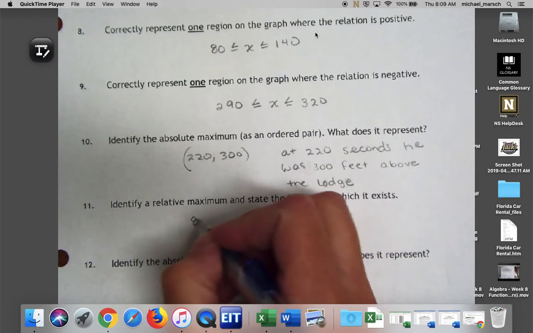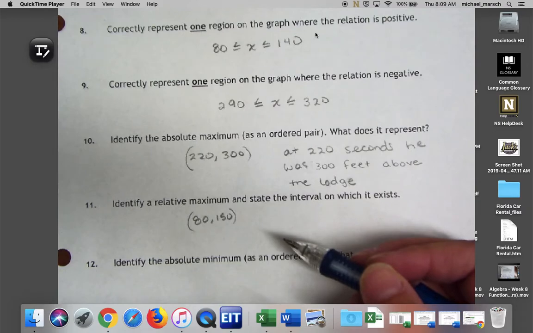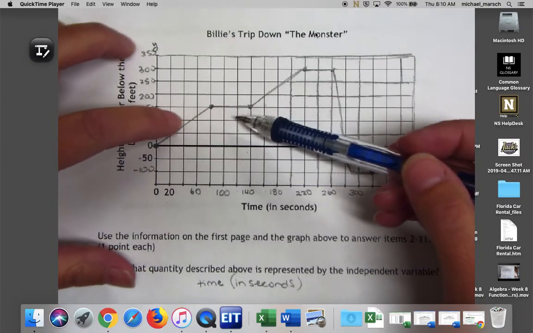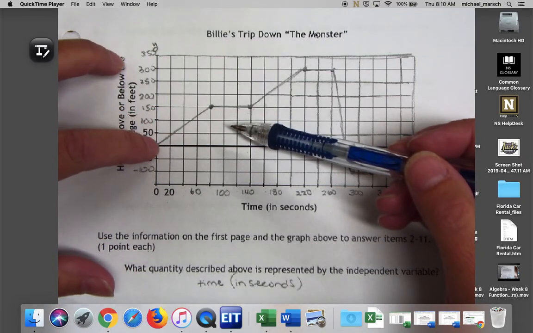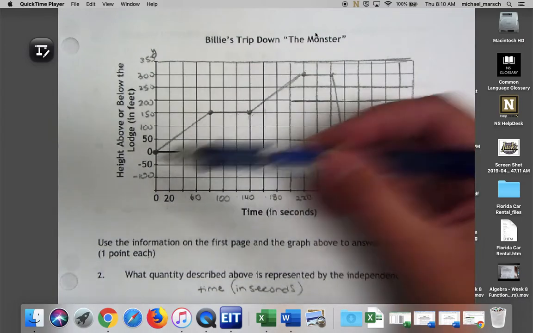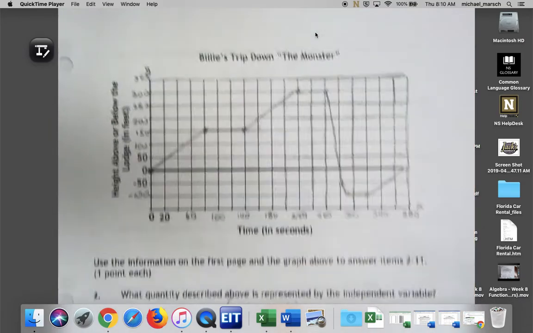I'm just going to choose that ordered pair. And the interval would be between 0 and 140, because that is actually in between those two ordered pairs.